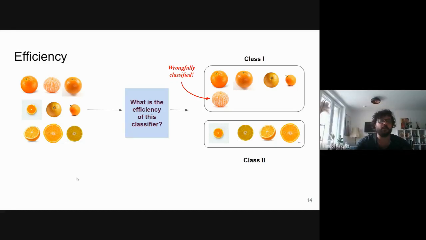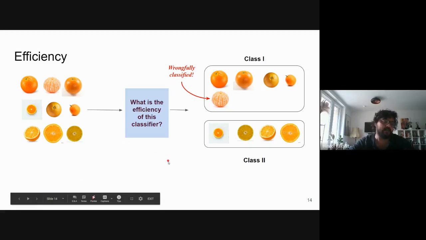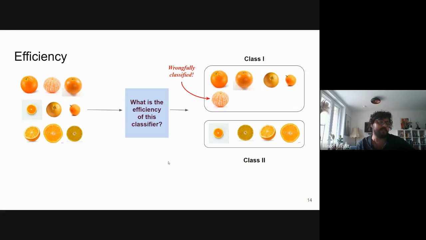To properly understand the efficiency, you need an external testing set. But I'm saying that is only valid when you have some actual confidence in the training set. When you do not, then even if your efficiency based on your testing set says 100%, that's actually not true.